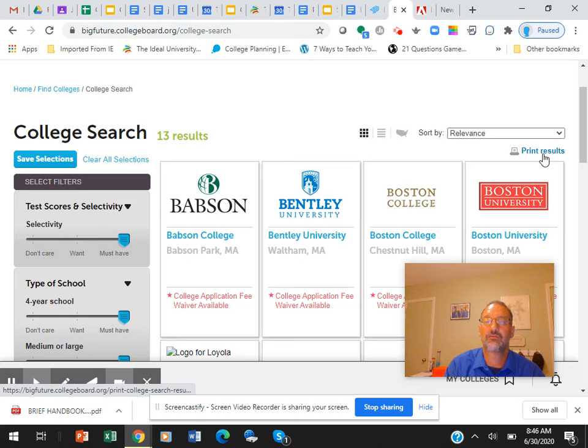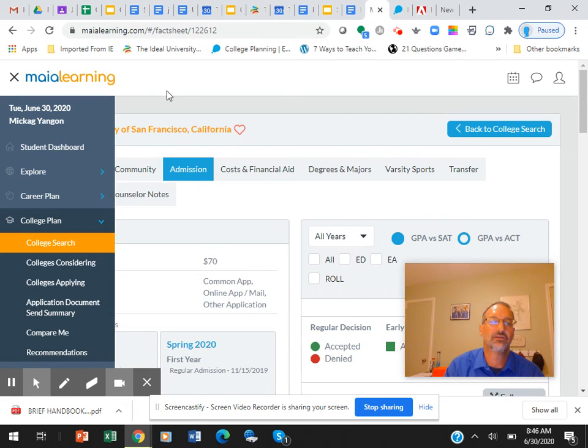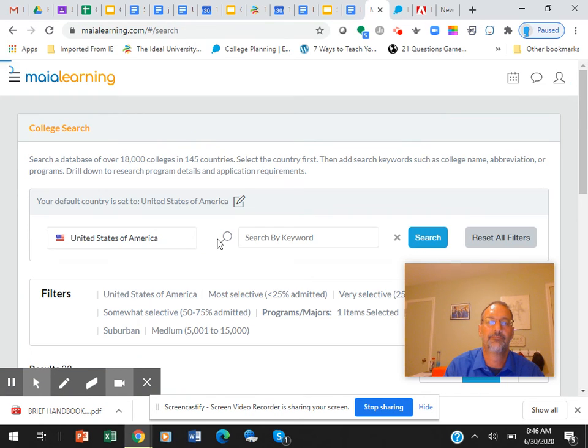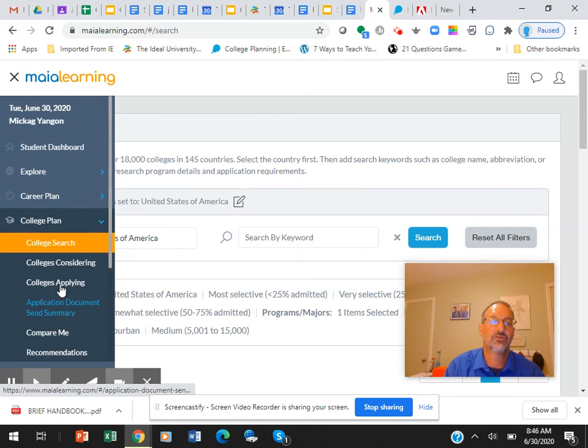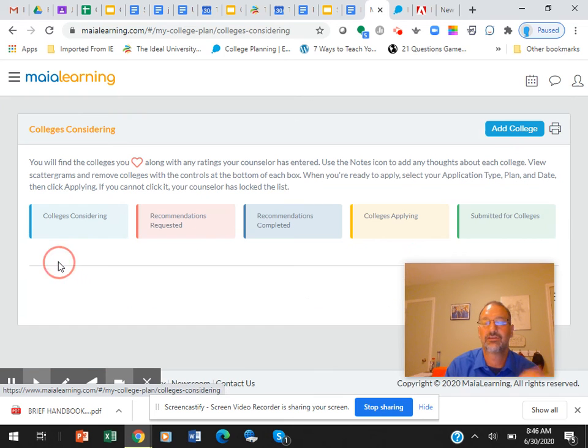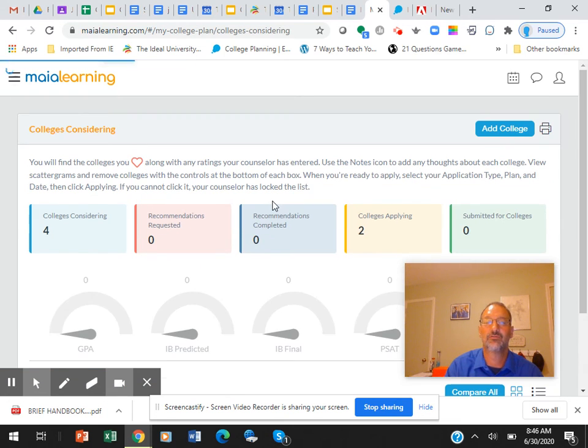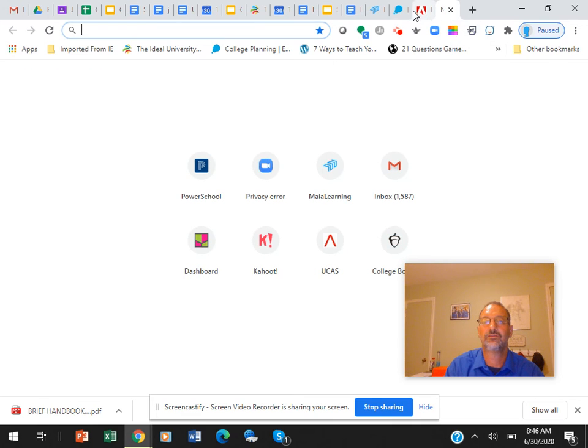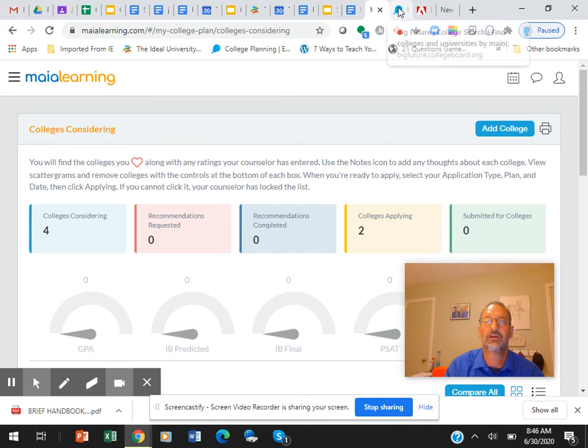If you don't, you can print results so that you keep track of them, or you can actually go back to Maya Learning and go into College Search, and you can actually put in schools in there and do some research, or you can go to colleges considering and actually put in one of the schools from your College Board list and add the college and put it on the list just to keep track of it. Right? So those are two ways, two databases that you can use to start making a list.